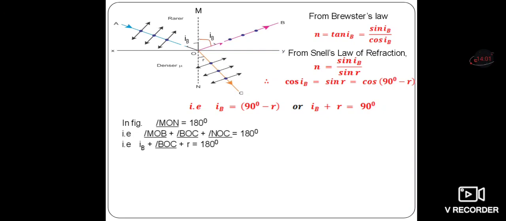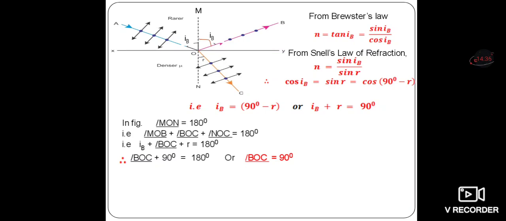Angle BOC is not known, so we write it as it is, plus angle NOC, the angle of refraction R, equal to 180 degrees. But we already have the value of IB plus R, which is 90 degrees. Substituting, angle BOC plus 90 degrees is equal to 180 degrees, or angle BOC is equal to 180 minus 90, therefore 90 degrees itself.